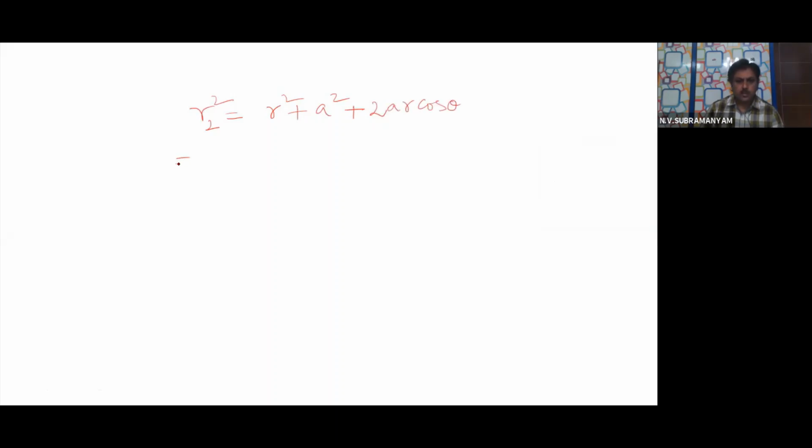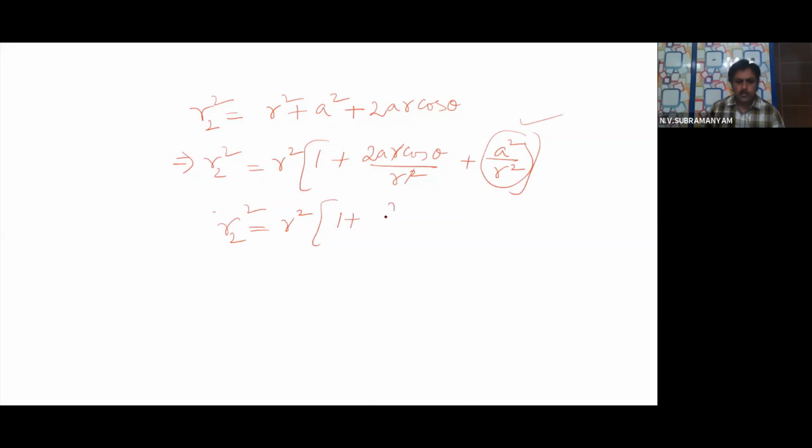That implies r2 square is equal to r square common, like we wrote just now: 2ar cos theta by r square plus a square by r square. Again we will neglect this, it is gone, and 1 by r cancels. Then what am I left with? r square into 1 plus 2a cos theta divided by r.